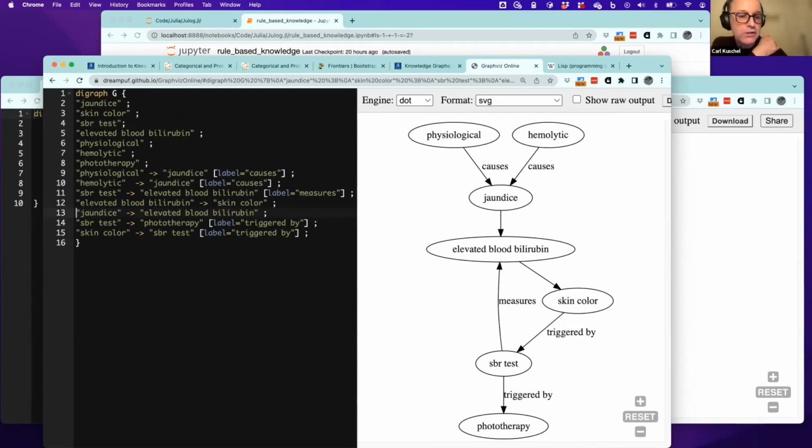Can I just check? When it says triggered by, should that be triggers? So the skin color triggers the SBR test, and then the SBR test triggers phototherapy. Okay, triggers. Yep. Because that'll make more sense to me. Well, triggered by certainly makes it seem like they're actors in the world. Okay.